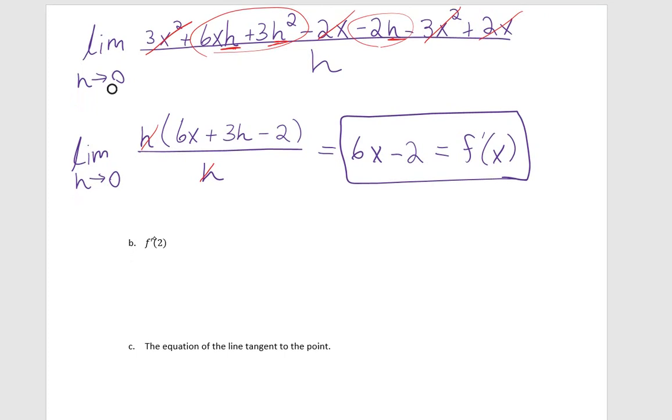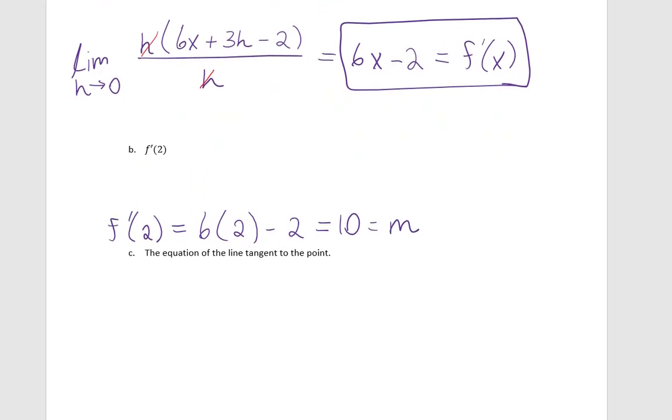Now, the second part right here, f prime of 2, says, what happens if you plug 2 in for my derivative? So f prime of 2 would be 6 times 2 minus 2, which would give me 10. Now remember, this is going to be our m, our slope of our secant line. Or, I'm sorry, our tangent line.